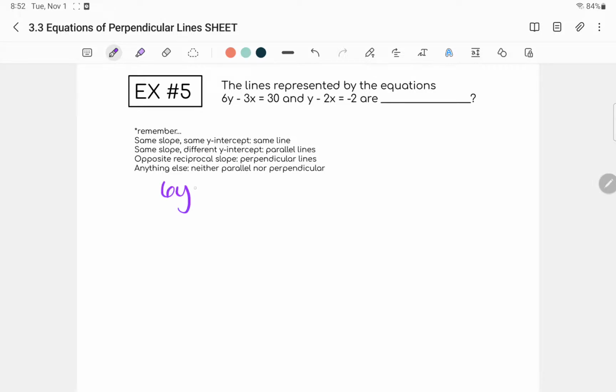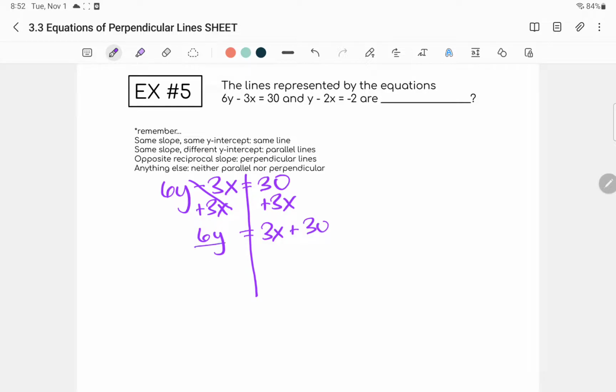So 6y minus 3x equals 30. Let's go ahead and add 3x. That gives us 6y is equal to 3x plus 30. And let's divide by 6. All right. So if I'm going too fast, just pause.